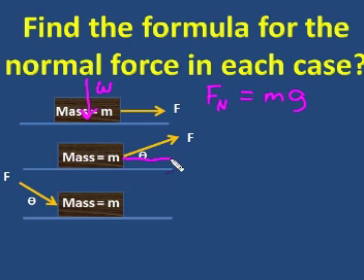If I'm pulling at an angle, what happens is the weight is lessened by that vertical component. Therefore, there's the weight, and the normal force is lessened by that vertical component right here, which is F sine theta. Therefore, the normal force will equal W minus F sine theta.